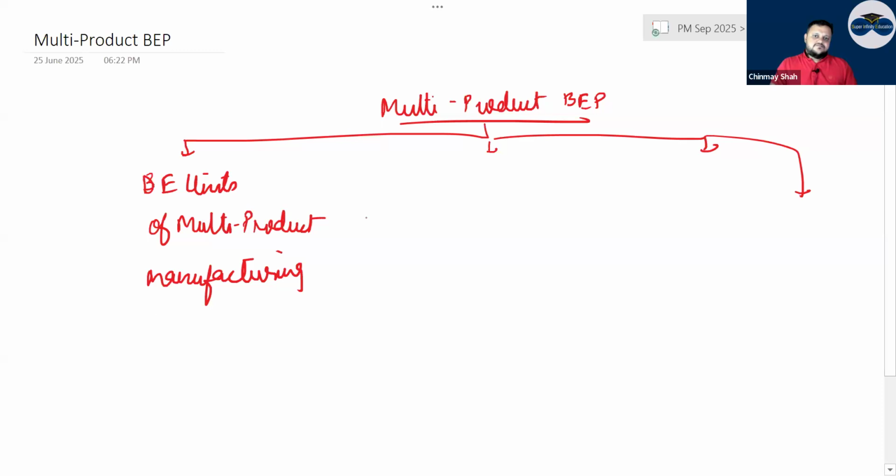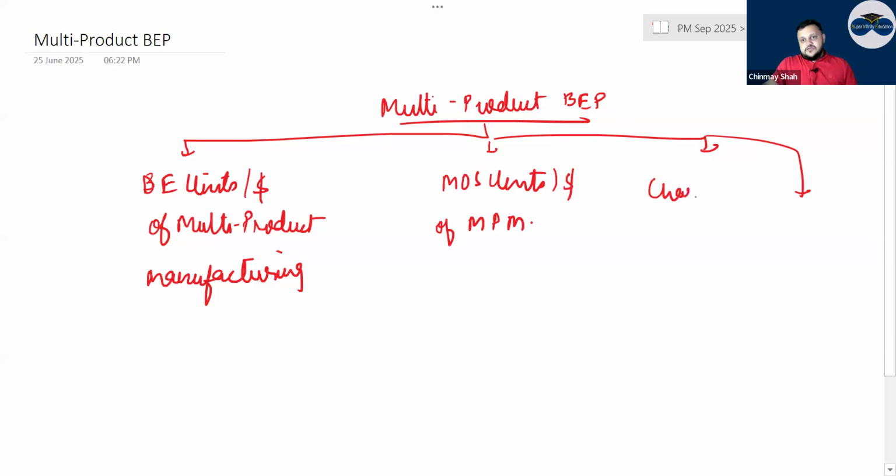Correct. Margin of safety, units / dollars, of multi-product manufacturing, MPM, right?